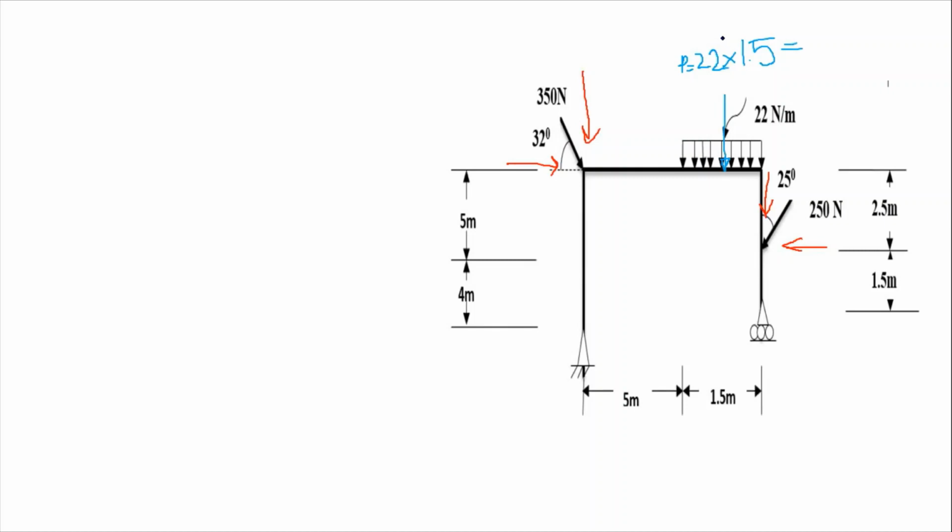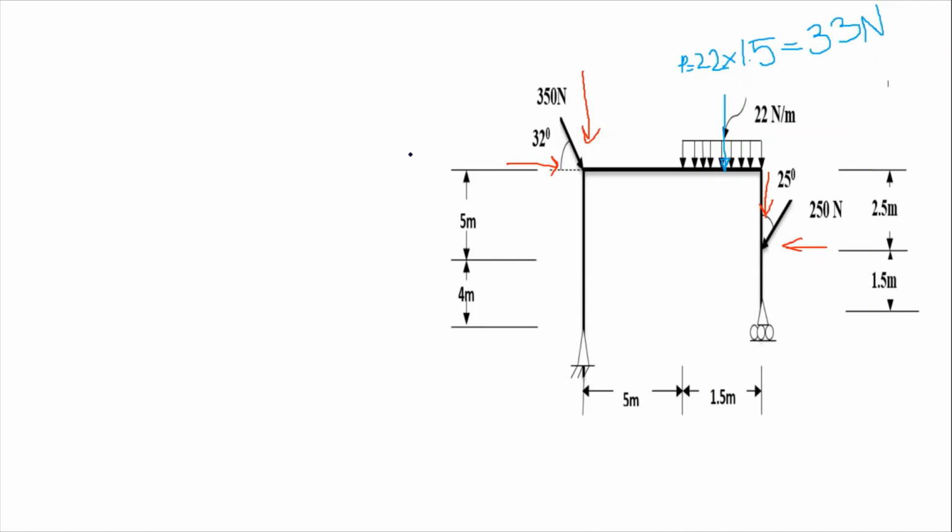It's 33, because it is spread over a distance of 1.5 meters. So we multiply by 1.5, and it comes out to be 33. Let me check again. And I must tell you here, we are not concerned with the values right now. Here we are concerned with the basic concept. So 22 into 1.5 comes out to be 33 Newton, because meter and meter cancel.